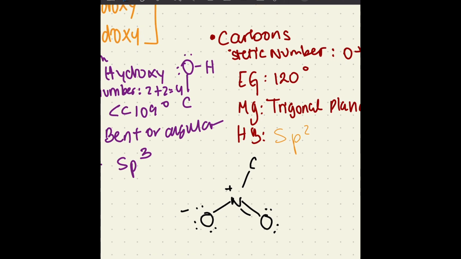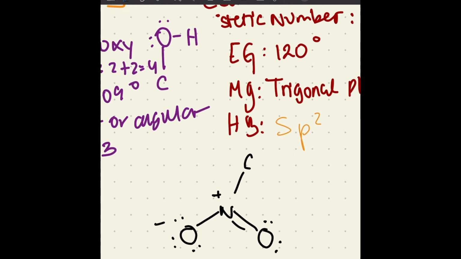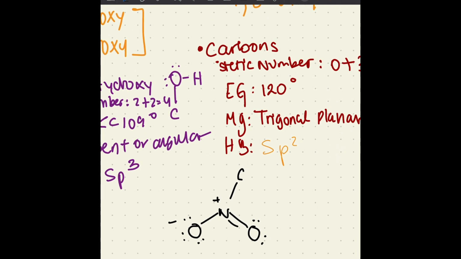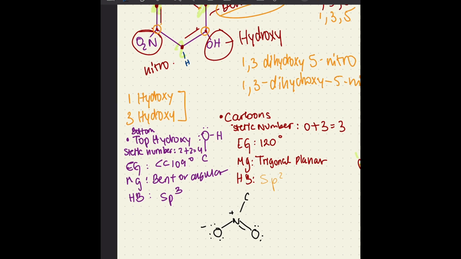Also, we have to keep in mind that the nitrogen is attached to carbon, but that's specifically for the electron geometry, steric number and molecular geometry for the nitrogen. Now we're going to choose one of the oxygens.